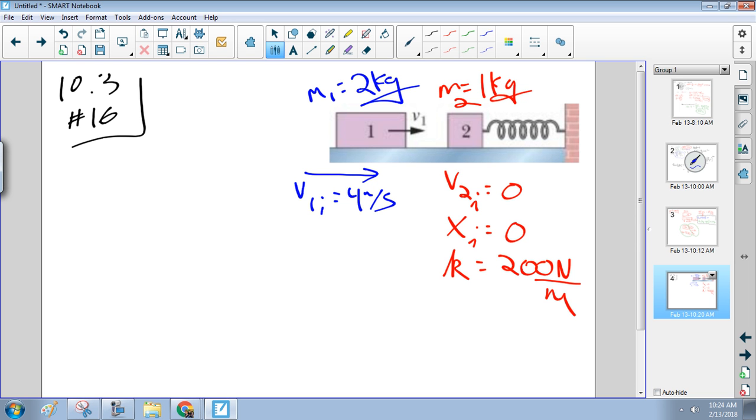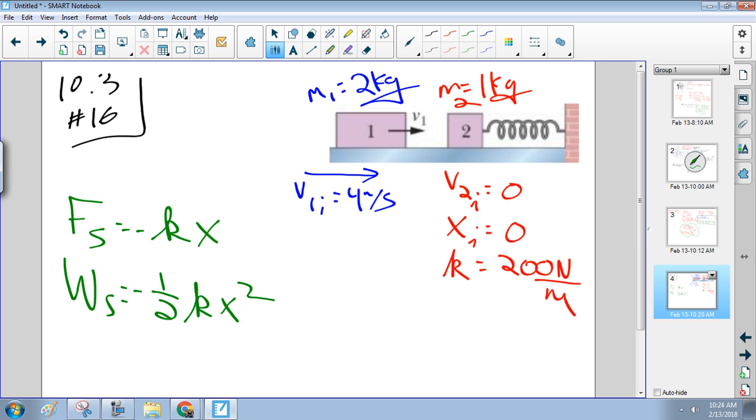Okay, so important tangent. Force of spring is negative kx, right? If you integrate this, you get negative 1/2 kx squared. The work that the spring does is equal to the opposite of the change in elastic potential energy.